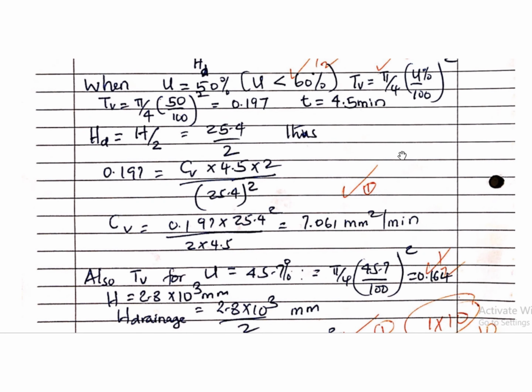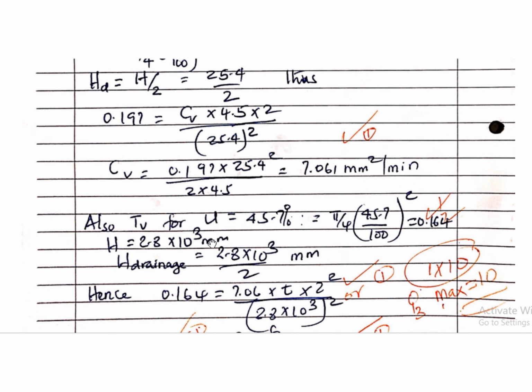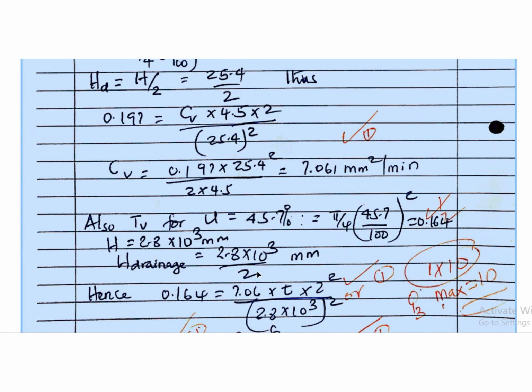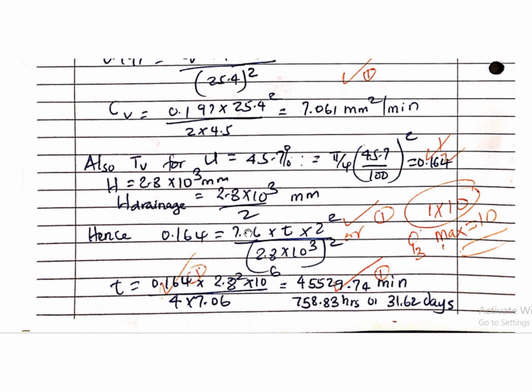Now go back to the 45% consolidation. For the time factor to reach 45.7%, the time factor is about 0.164, and then we apply this to the actual case, where the drainage path is half.